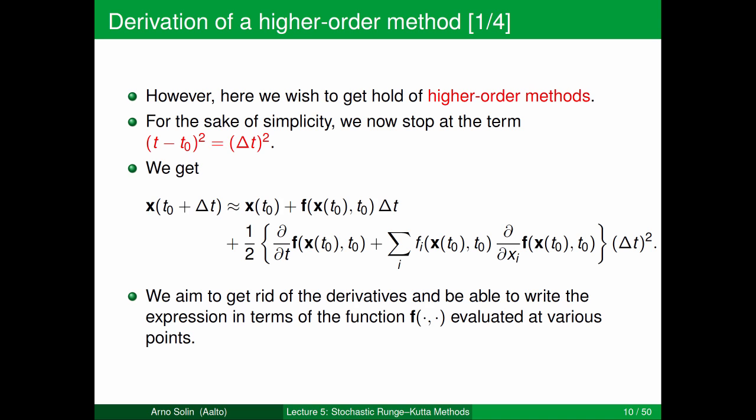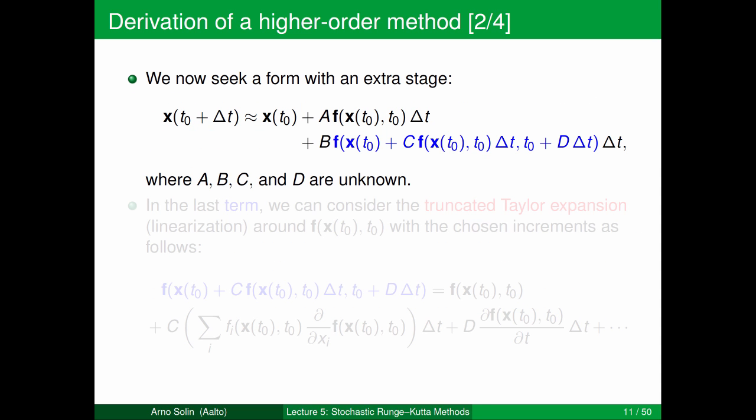In order to make a derivative-free method, we somehow need to get rid of these derivative terms of the function f. That means that we seek a form of an iterative scheme with an extra stage, here denoted by blue, where a, b, c and d are some unknown scalars.